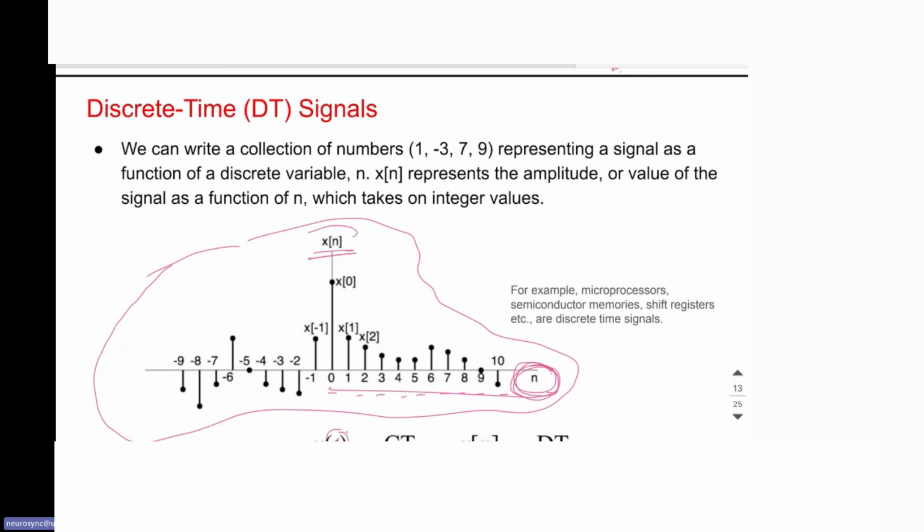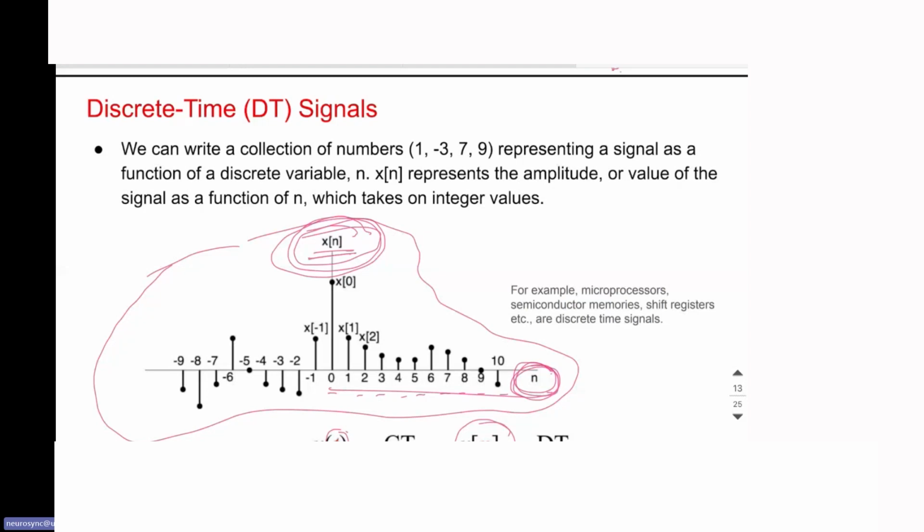What does x of n represent? It represents the amplitude or value of the signal at that particular instant n. Therefore this discrete time signal is a function of n.